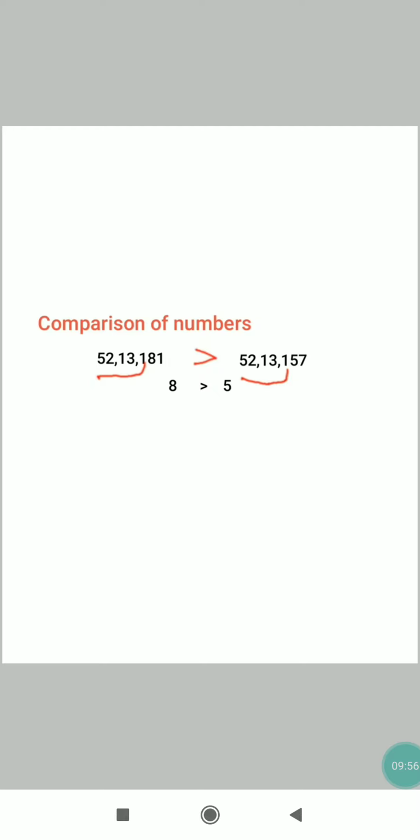Means till the fifth place from the left side, the digits are the same. From where is it changing, student? From the sixth place. In the sixth place, in one number it is written 8, and in the other number it is written 5. So now we can do the comparison. 8 and 5, which is greater? 8 is greater. So we have put the sign accordingly.